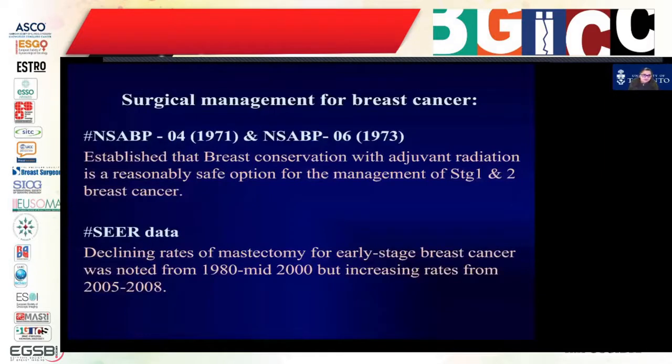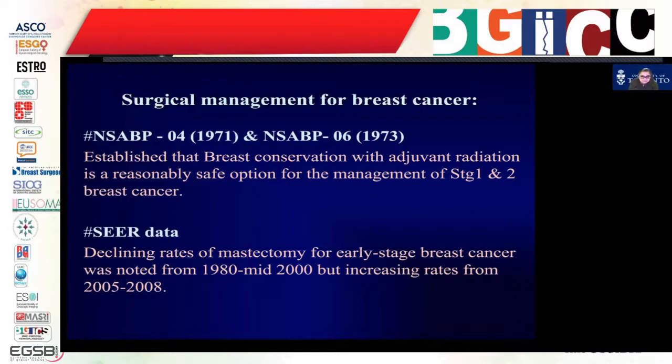So now that this is an established way of performing surgery with adjuvant radiation, it is an established standard of care. And the SEER data revealed that the rates of mastectomy declined significantly for early stage breast cancer between 1980 and the mid 2000s.